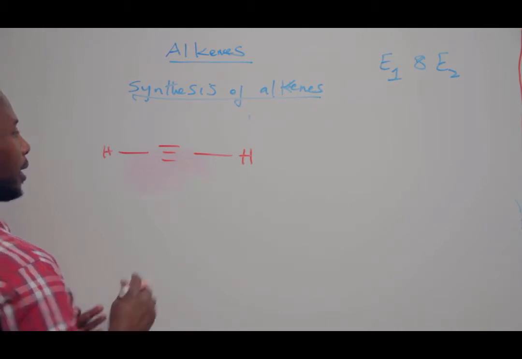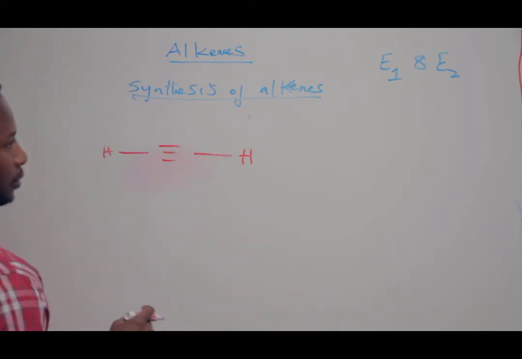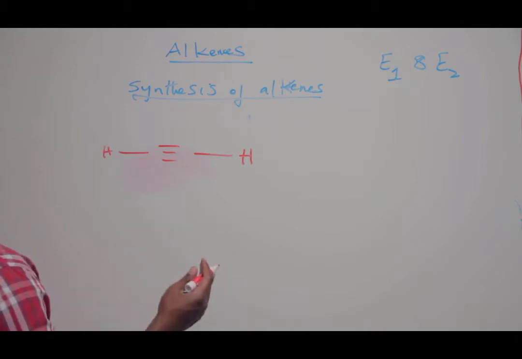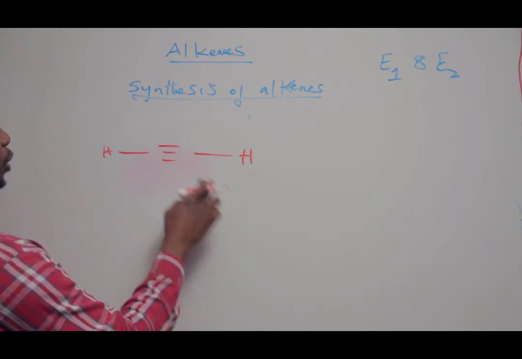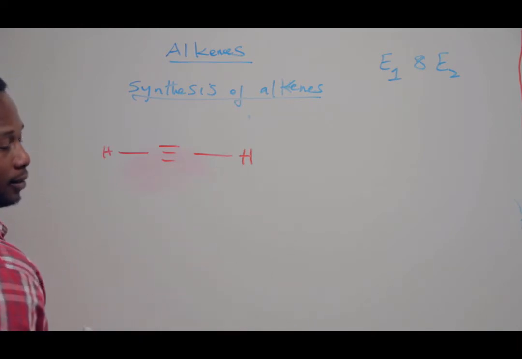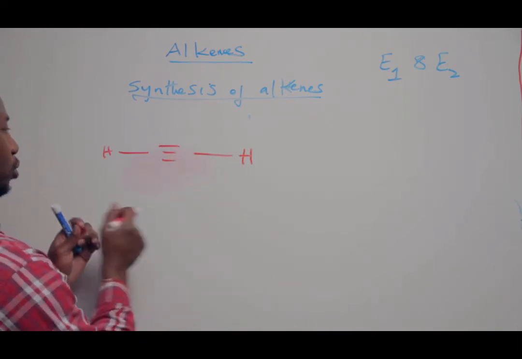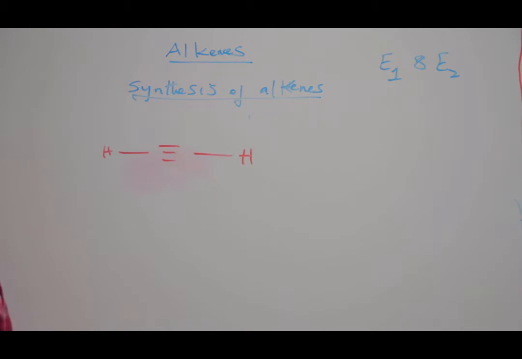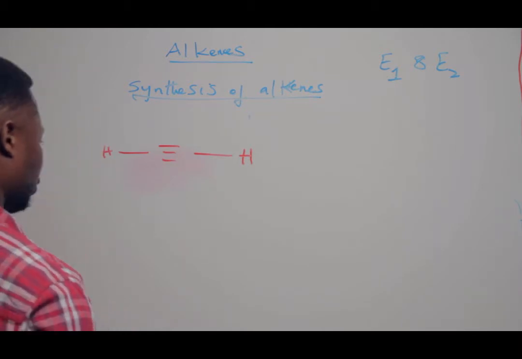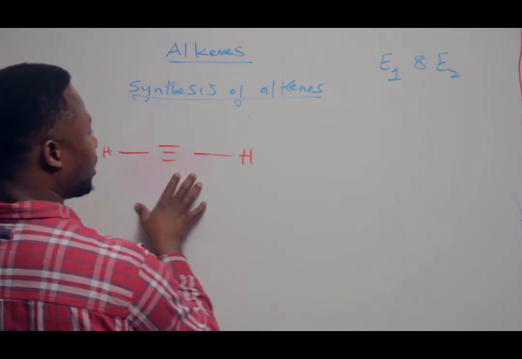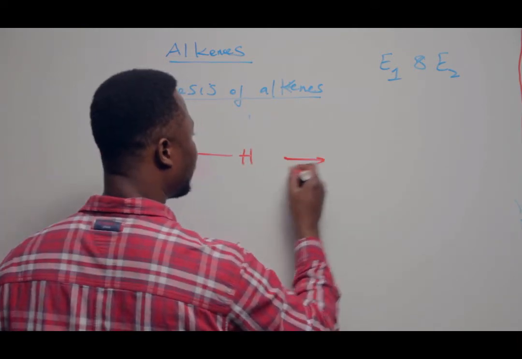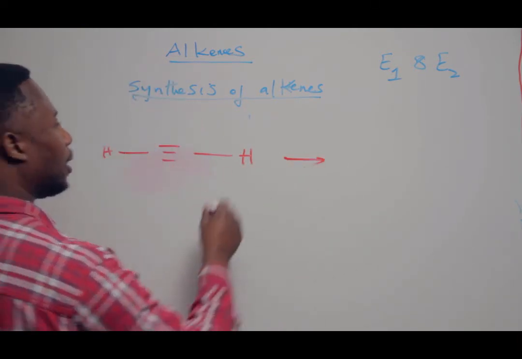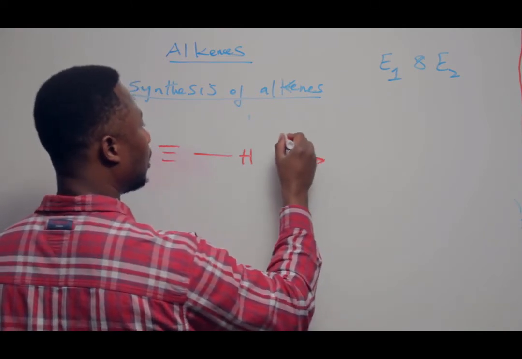And they're shorter in bond length. So if we were to measure the bond lengths between single bonds, double bonds, and triple bonds, triple would be the shortest bond length, right? And the hardest to break. So when we're doing this reaction, we're going to introduce how to convert this into what?